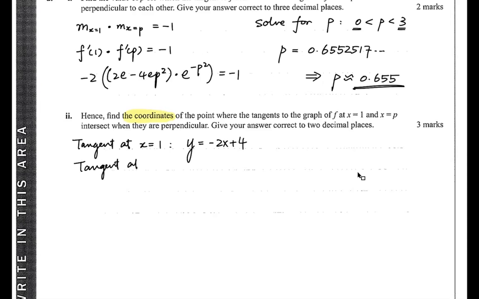Tangent at x equals p, which is 0.6552517, is y equals half x. Definitely this one is half because the gradients multiply to get -1, so they are negative reciprocals of each other.